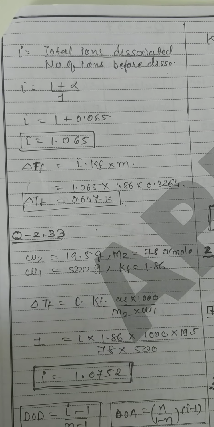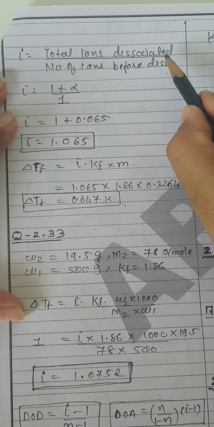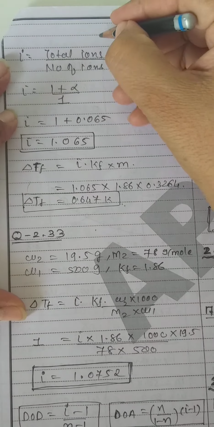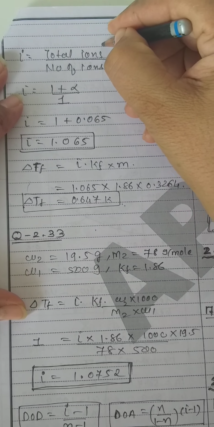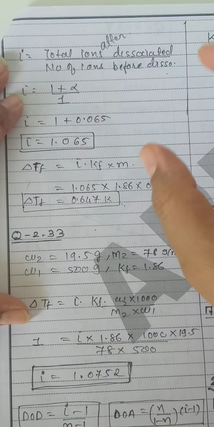So now according to our formula, i is equal to total number of particles after dissociation upon number of particles before dissociation.